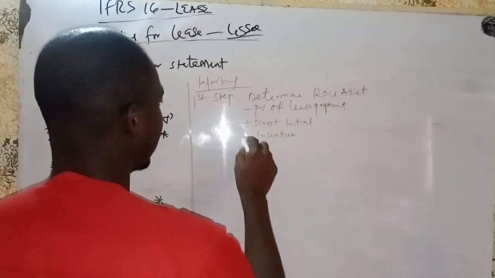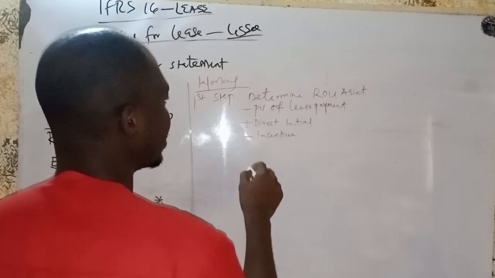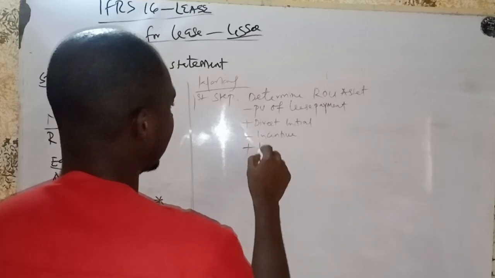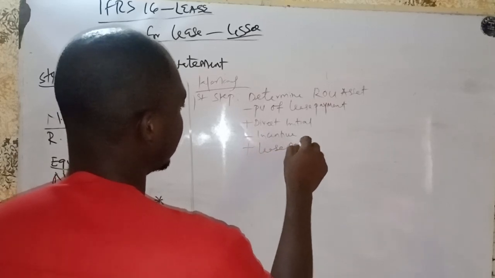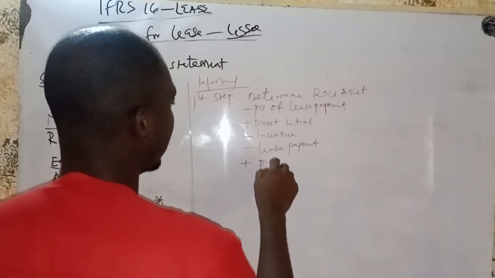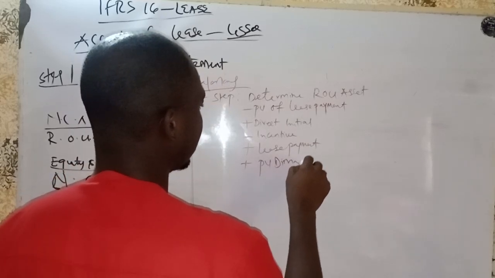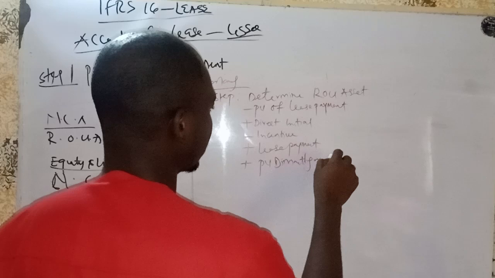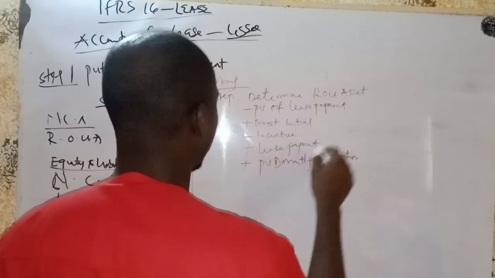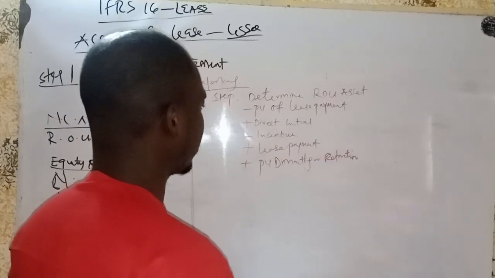And then if there is a lease payment, for instance, if you are calculating under advance, you will add the lease payment that was made, and then the present value of dismantling or restoration cost. I've told us about this one in our first video. You can go and watch it to have more understanding. So all of this will be the total of your right of use asset.